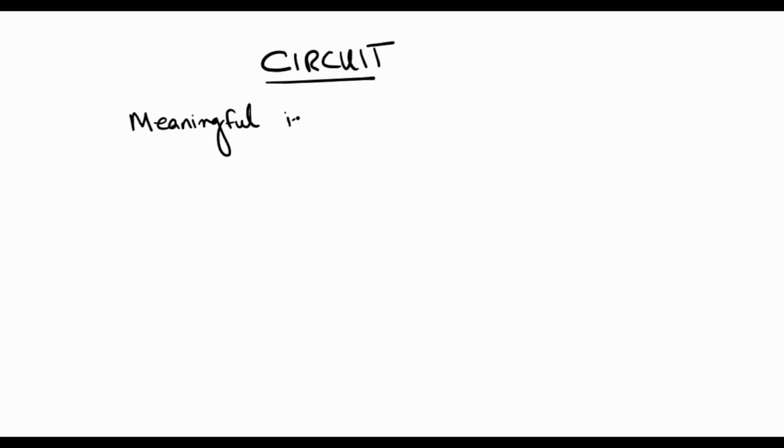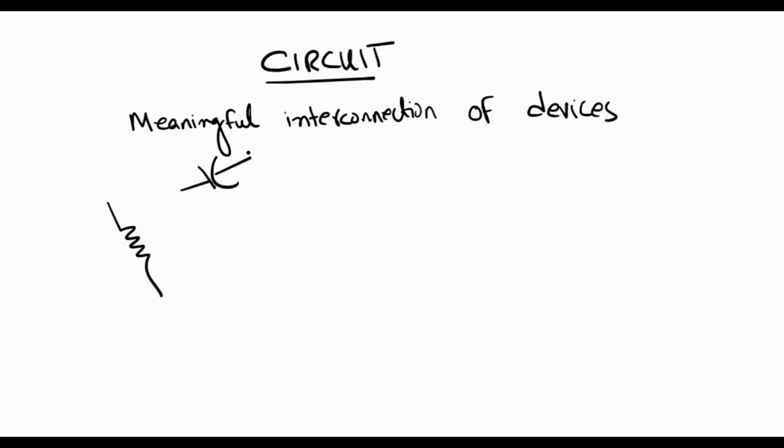So what is basically a circuit? A circuit is a meaningful interconnection of devices. For example, I can put a resistor here and a capacitor here, but this doesn't comprise a circuit.